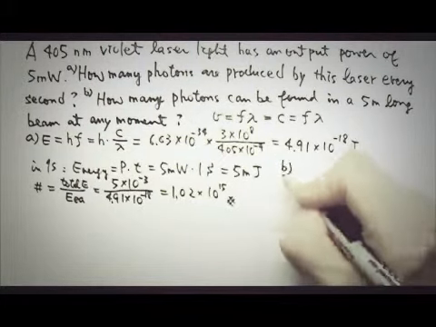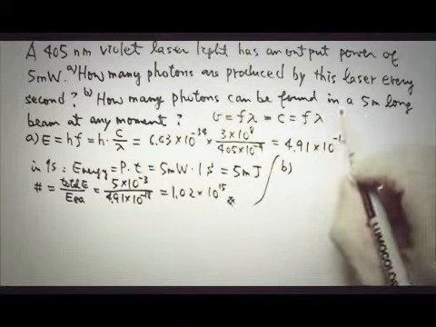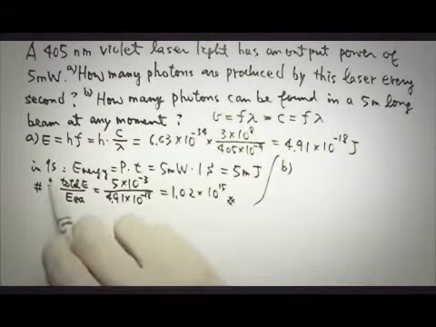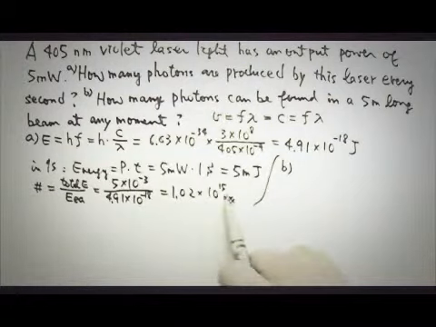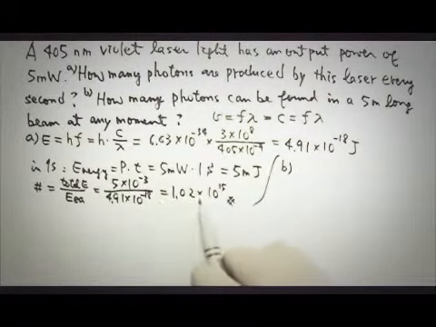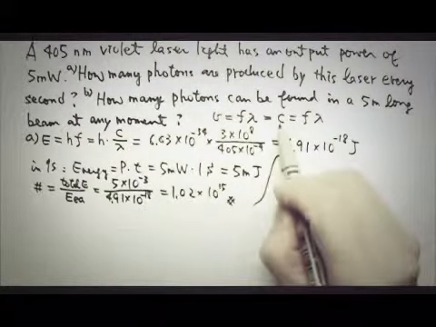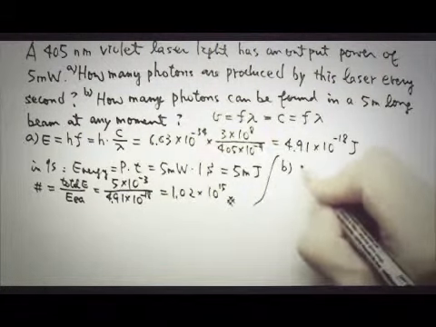Now part B, we want the number of photons found in a 5-meter long beam. In 1 second, we have this many photons. And in 1 second, the laser beam can travel a distance c, that's 3 times 10 to the 8th meters.